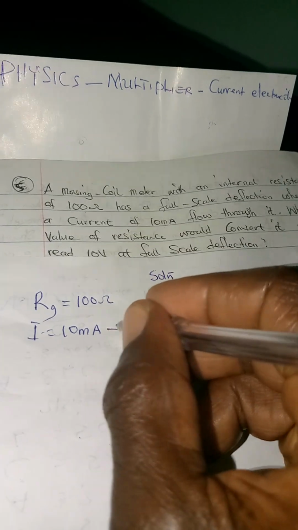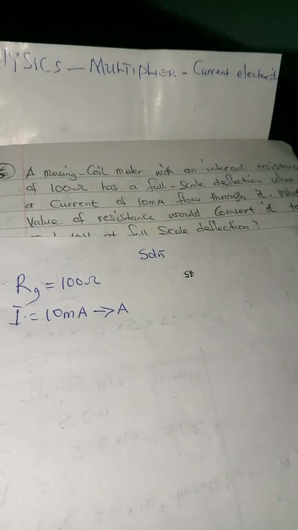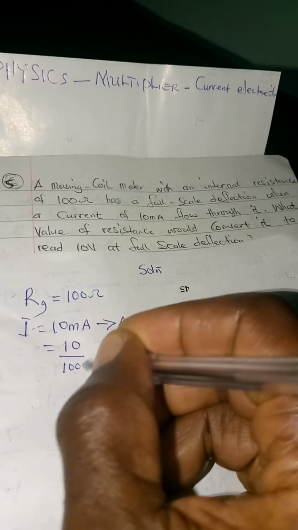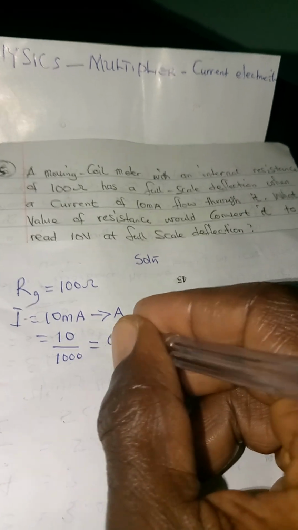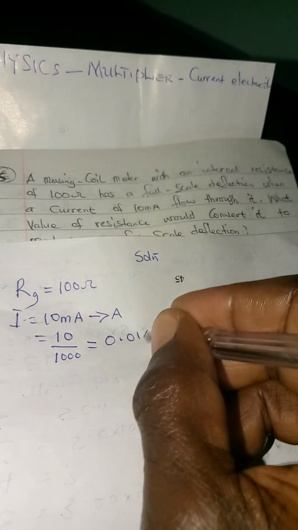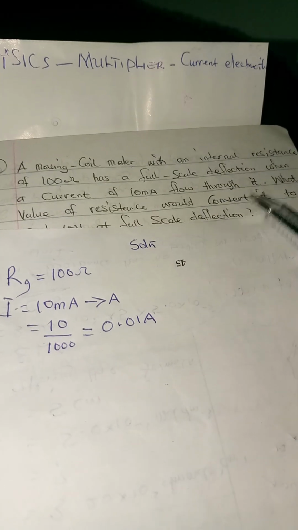Now convert this 10 milliampere to ampere, because the SI unit of current is ampere. It's the same thing as dividing the 10 by 1000. You have done the conversion. So the answer now will be 0.01 ampere.